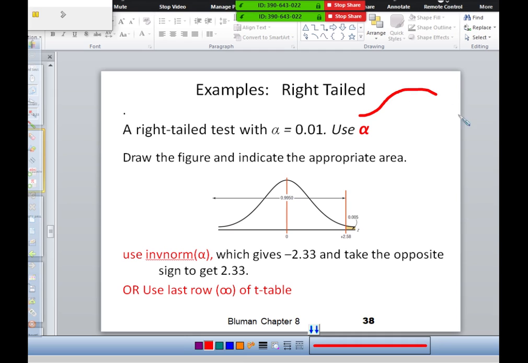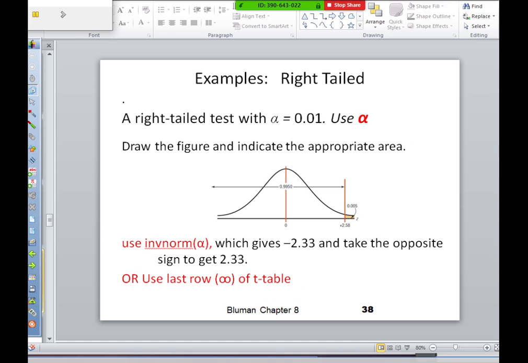You'll draw your little picture, and if you get 2.33 on the right side, you'll shade the right side and put in your critical value. And maybe you even label it critical value. That'd be even better. So that is kind of how you find the critical value, the steps to do that.